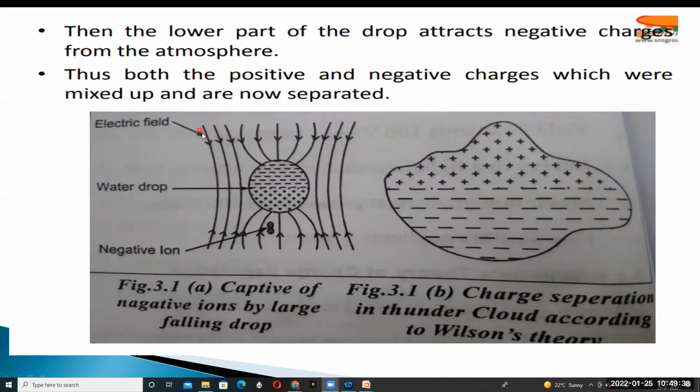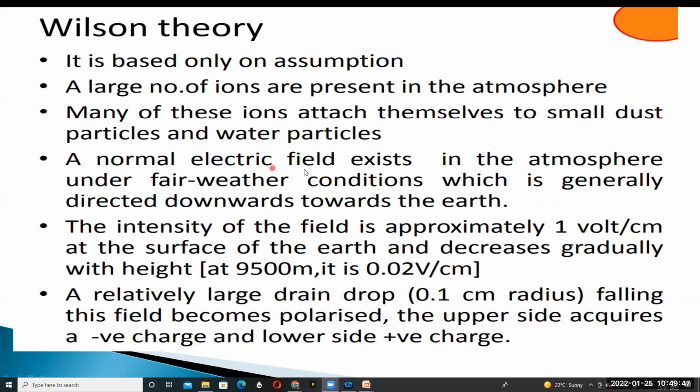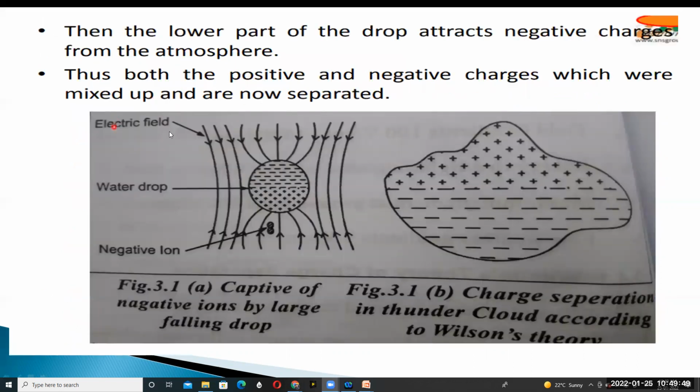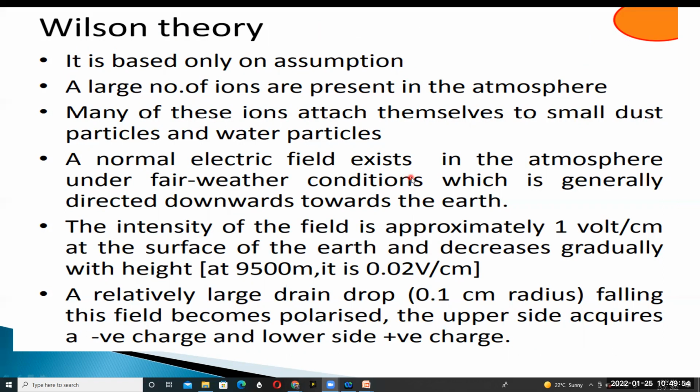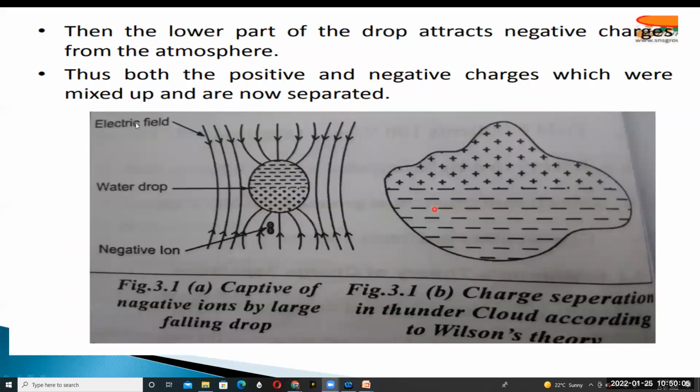According to the Wilson theory, the electric field is downwards toward the earth.